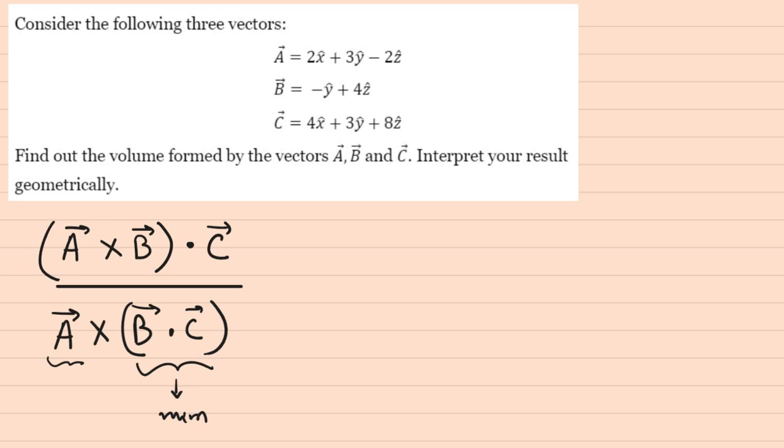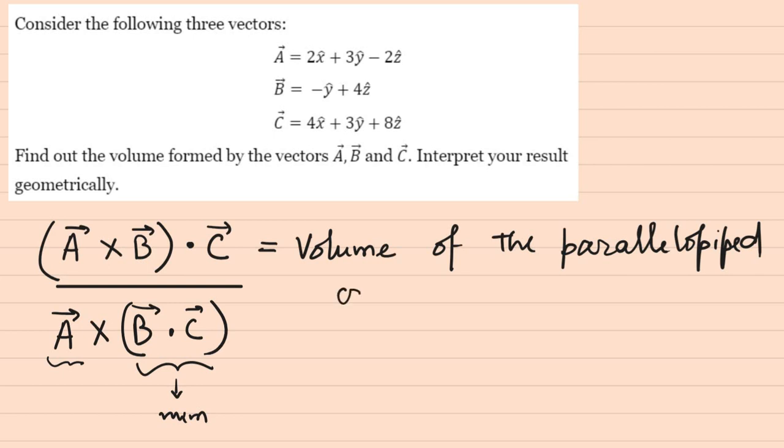And this is called the triple product, which denotes the volume of the parallelepiped created by A, B, and C.